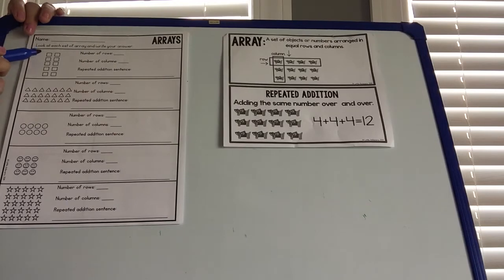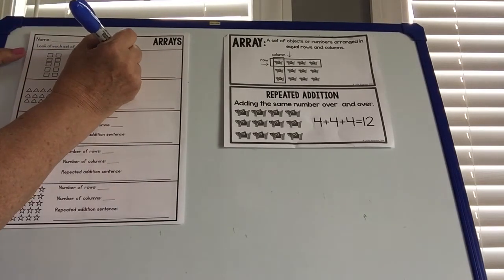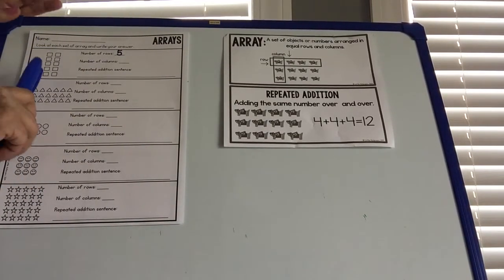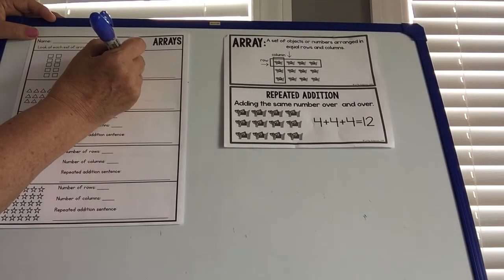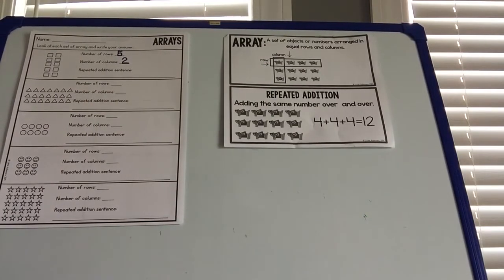Let's count them. 1, 2, 3, 4, 5. How many rows, boys and girls? 5 rows. That's right. And how many tall columns do we have? 1, 2. The number of columns equals 2.